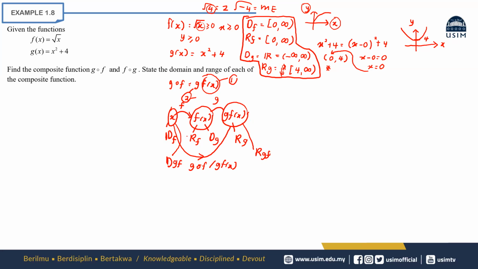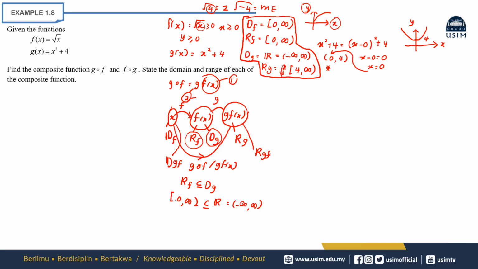So look at the range of f and the domain of g. The range of f must be a subset of the domain of g, meaning the elements of the range of f also exist in the domain of g. So what is the range of f? 0 to infinity, a subset of the domain of g, which is the real numbers, negative infinity to infinity.